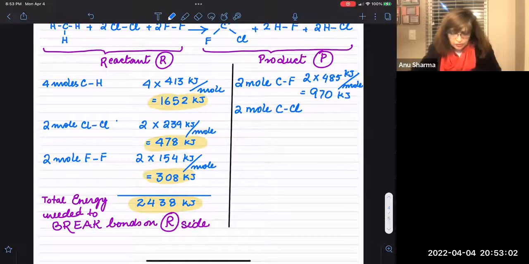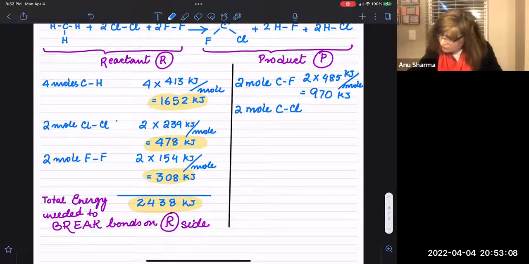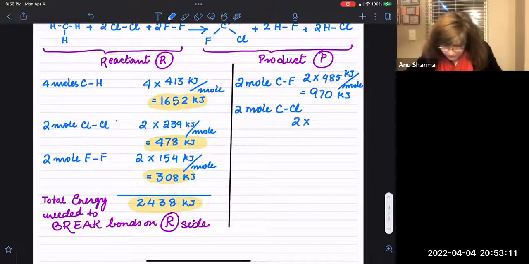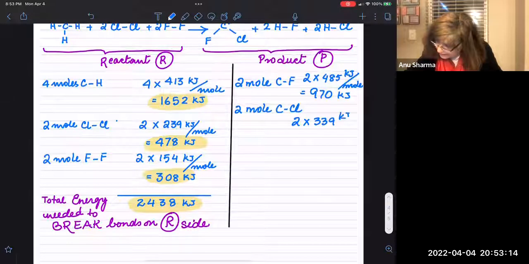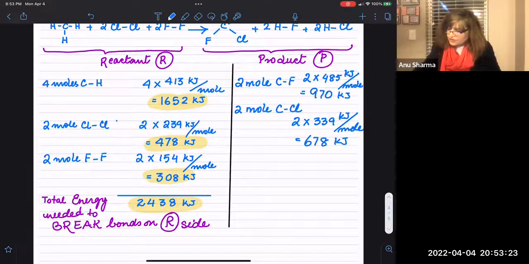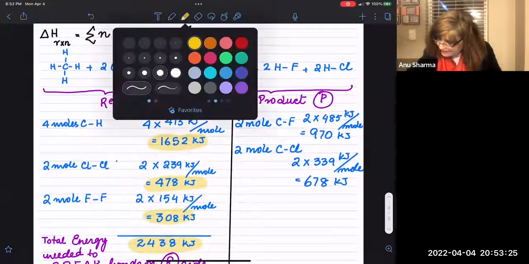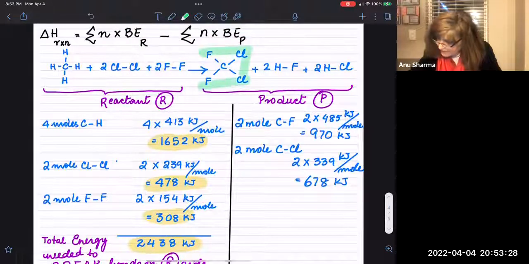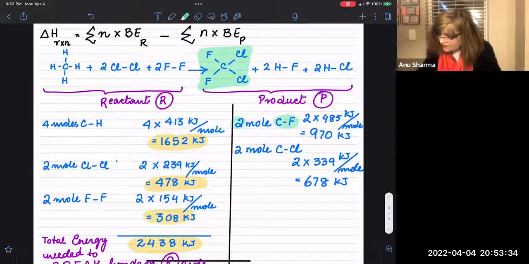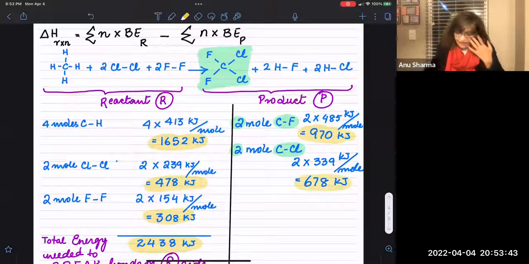And 2 moles of carbon chlorine is 2 times 339 kilojoules per mole, which equals 678 kilojoules. This molecule has 2 carbon fluorines and 2 carbon chlorines, so we have 970 and 678 in one molecule.